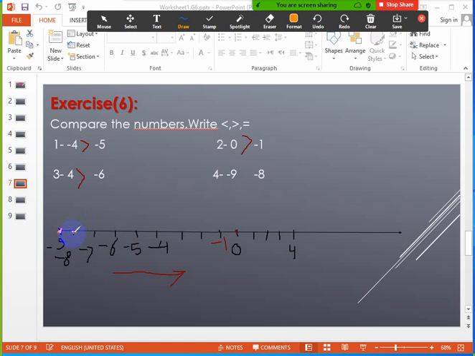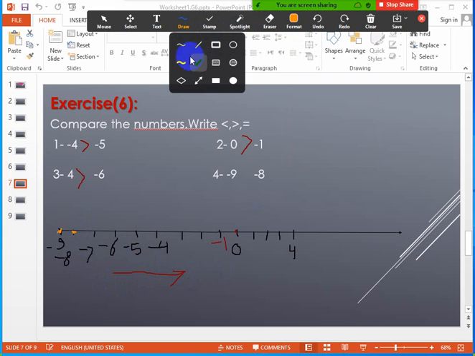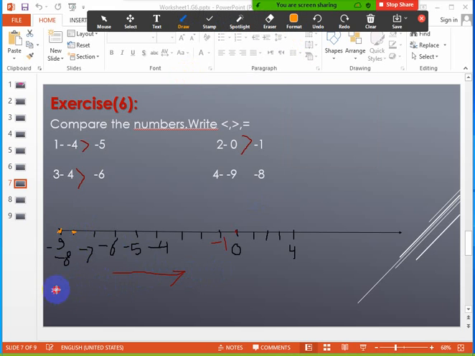Look, this is negative 8, this is negative 9. And I told you this is the direction for greatness. That's mean which one is the greater? Negative 8 or negative 9? According to the direction. Negative 8, very good. Negative 8 greater than negative 9. Thank you so much, Selma.